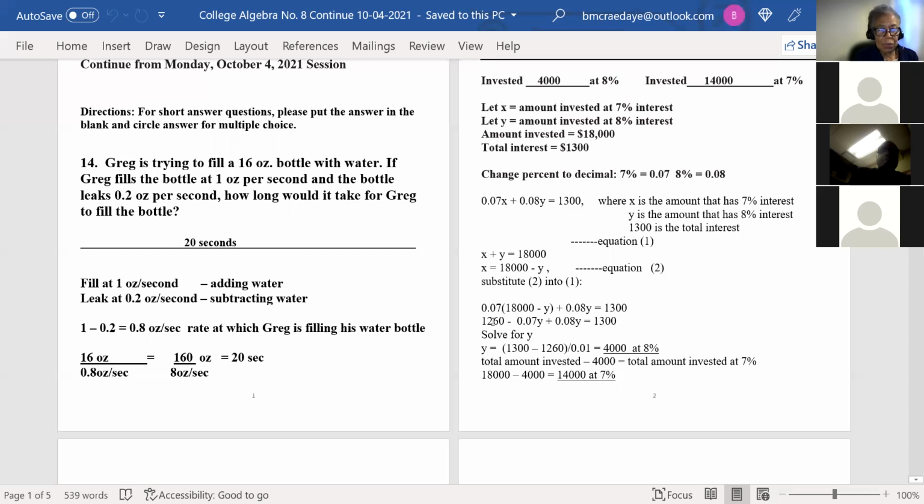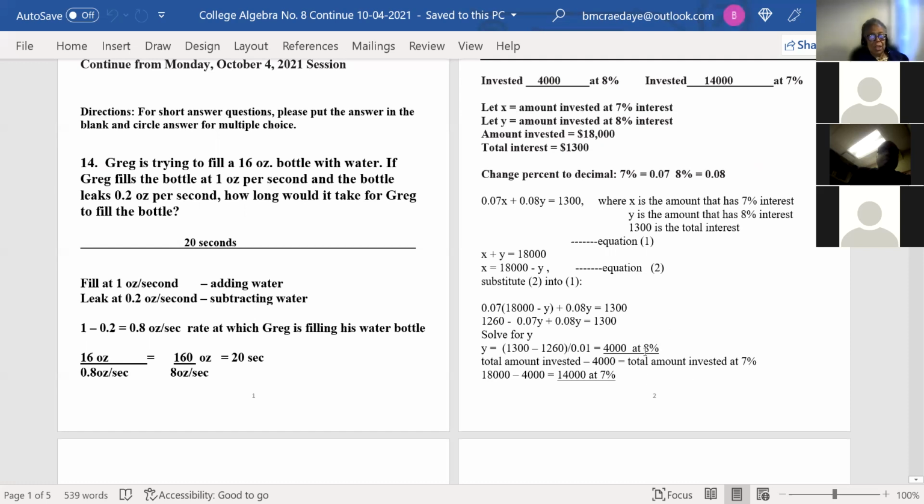So we solve for Y: minus 0.07Y plus 0.08Y is the 0.01. And then we can solve for Y, 1,300 minus 1260 divided by 0.01 equals 4,000.